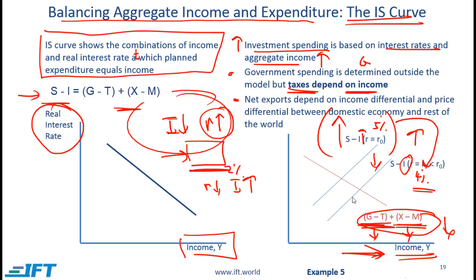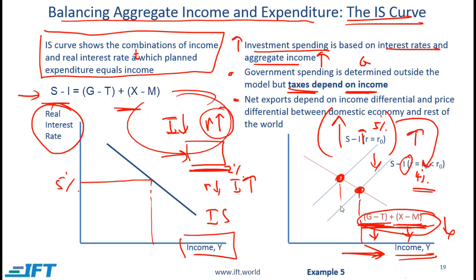Now the new point where the two curves, the S minus I and this one, intersect is at a lower level of income. And these 2 points will help us come up with the IS curve. Remember, at this intersection point, we had an interest rate of 5%. So let's say that's this point over here, and a certain level of income.